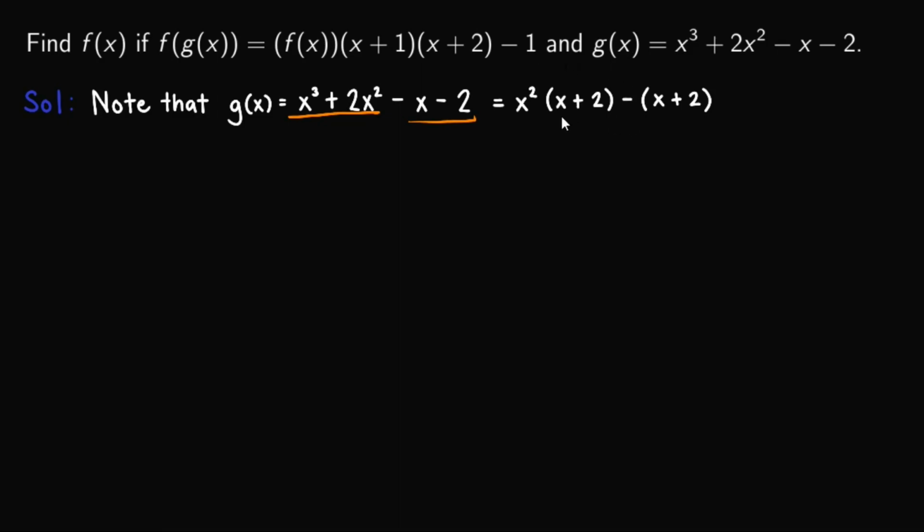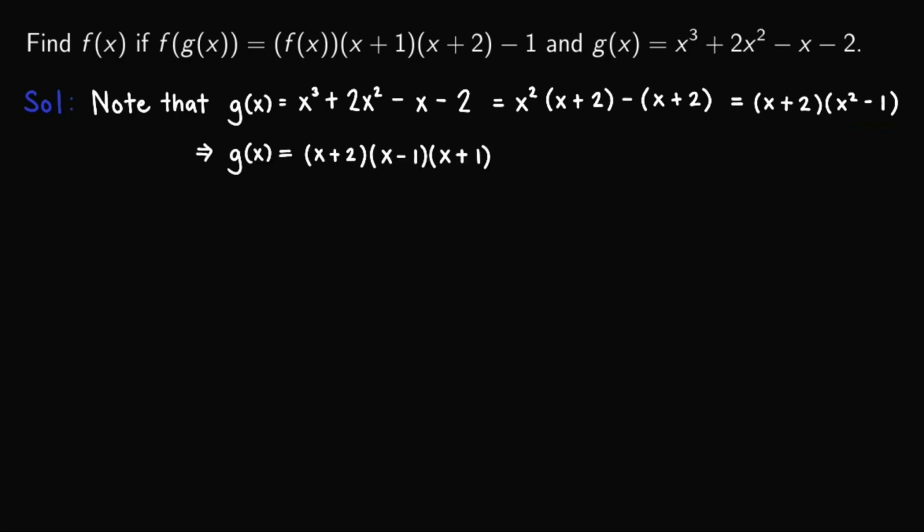Then since these two are the same, we can factor this one out. So we'll have x plus 2 times x squared minus 1. Now by difference of two squares, take note that this one factors into x minus 1 times x plus 1. And so g of x is equal to x plus 2 times x minus 1 times x plus 1.